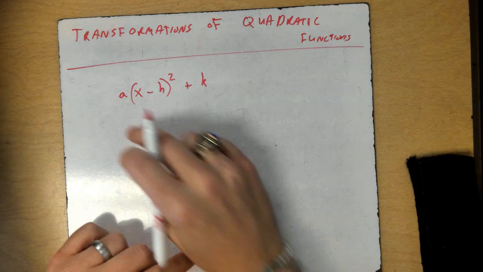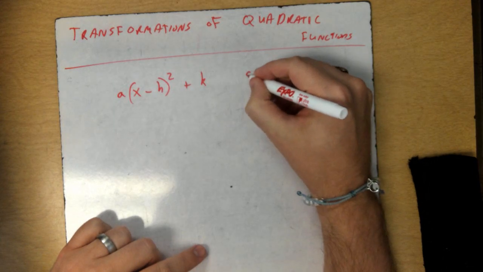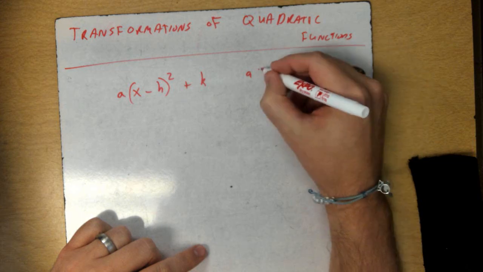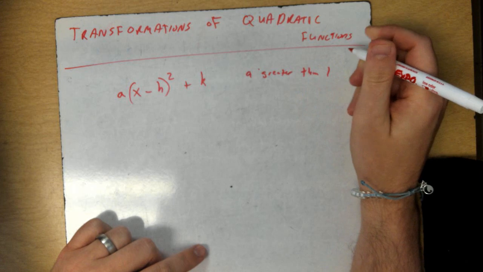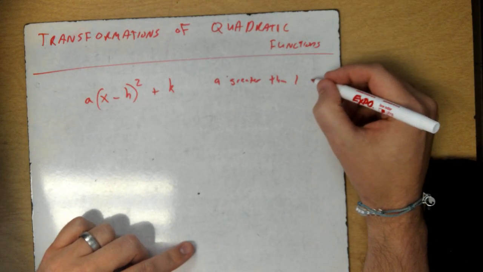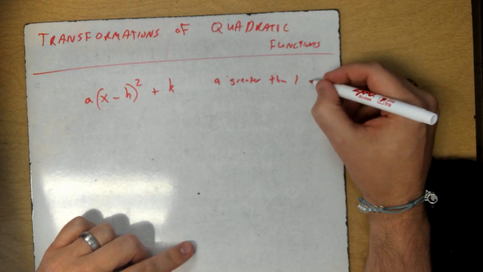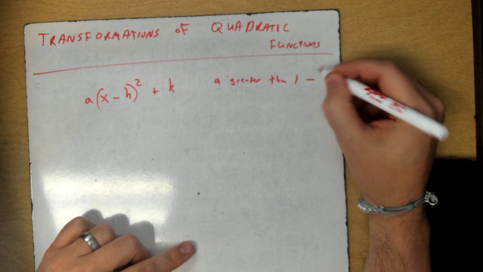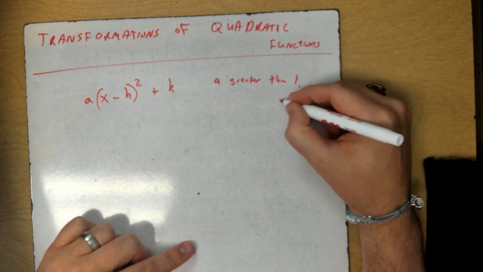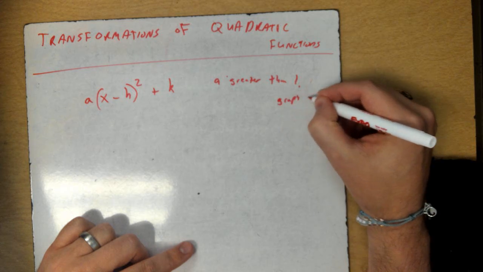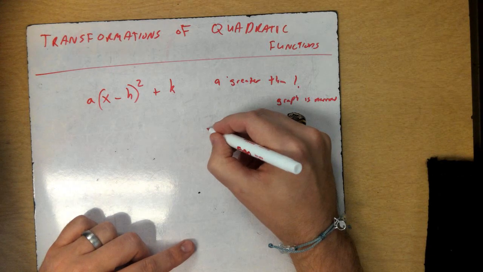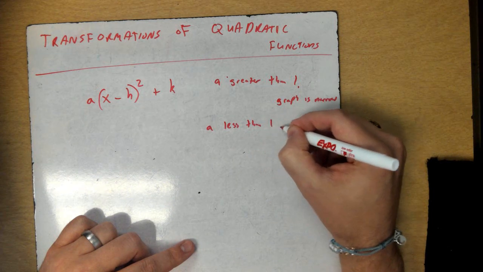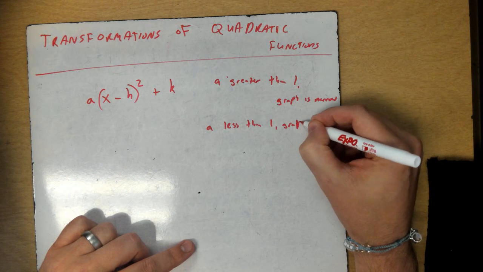So if A is greater than 1, then the graph is narrow. If A is less than 1, then the graph is wide.